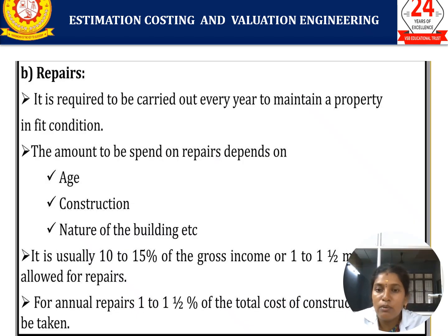Then only we will get the property with the proper value, right? Once we do not do the repair work, automatically the value of the property will decrease. So it is required to be carried out each and every year to maintain the property in a fit condition. Without the repair work, we will not get the proper fitting conditions, right?